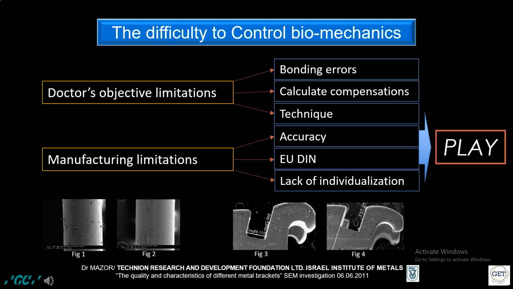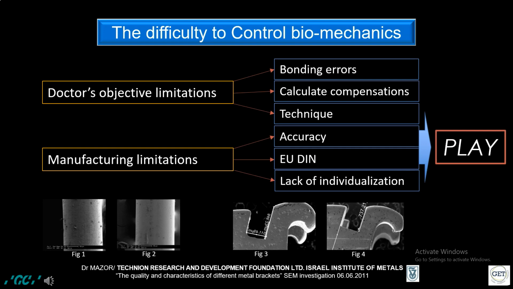The technique adopted by the doctor. The doctor must be well familiar with the used technique. Some techniques are known to be more favorable for achieving easier and better treatment outcome. The GET prescription is one of the best existing techniques today, based on a unique 0.20 by 0.28 slot size and high-tech wires.